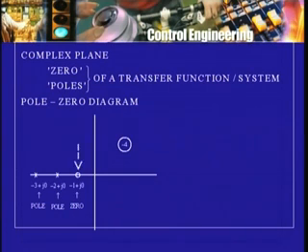This is referred to as a zero of the transfer function, and it is shown by a small circle, not by a dot. This is only a way of representing it. This circle does not mean it is zero or whatever. I have to write here, of course, the actual root value minus 1 plus j0, as I have done here. There is nothing else in the numerator, so there is only one circle, or only one zero.